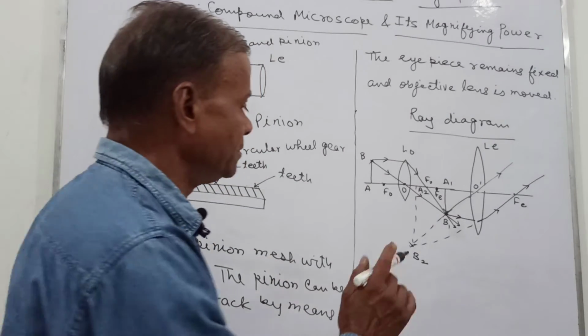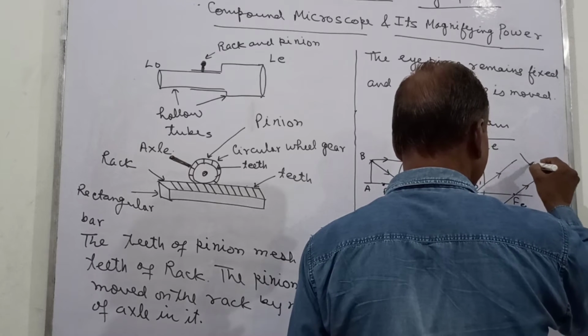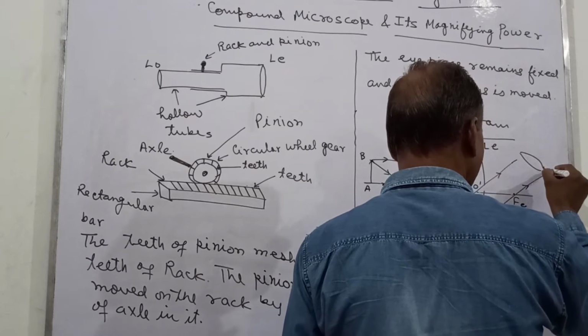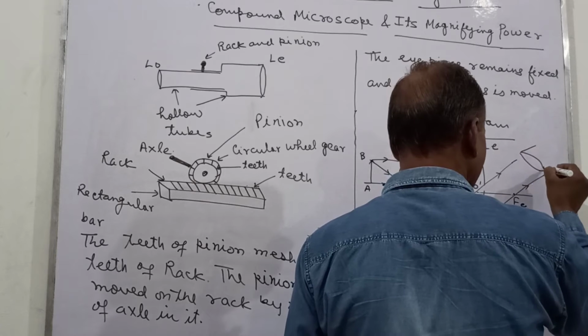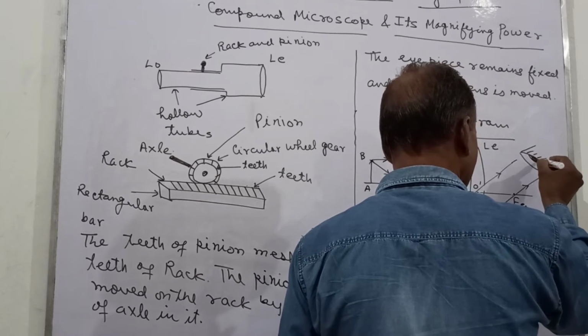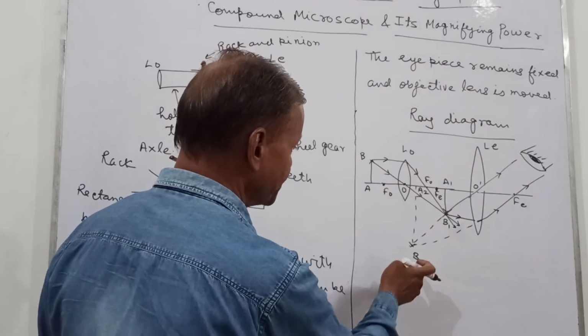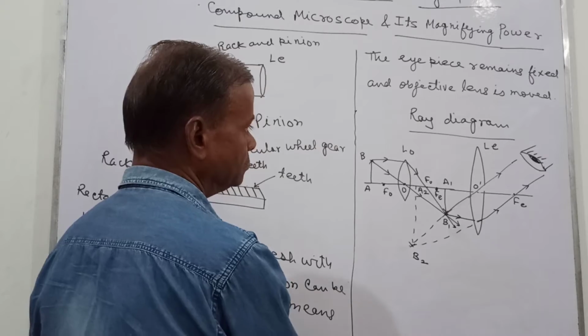And here is some observer which is looking at this. So this is the final image A2, B2.